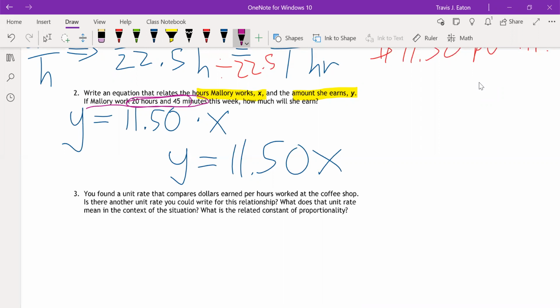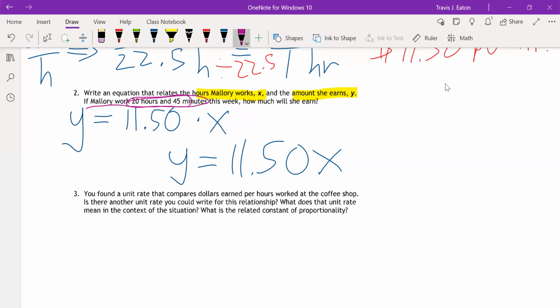Well, 20 hours, 45 minutes. What part of an hour is that as a fraction? This is on page 59. Page 59. 11.50 multiplied by x. Well, 20 hours, 45 minutes.